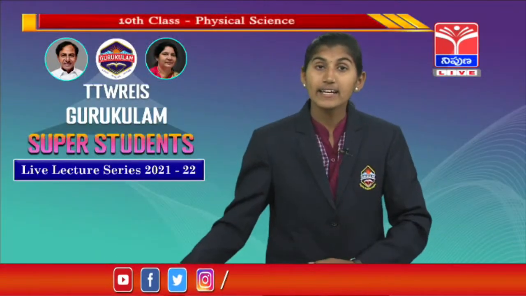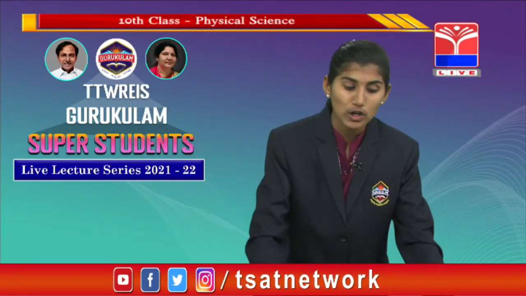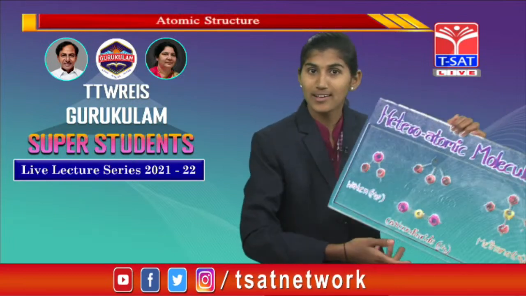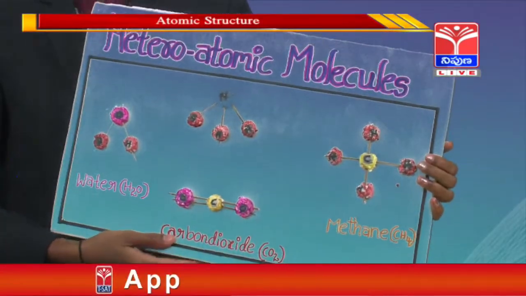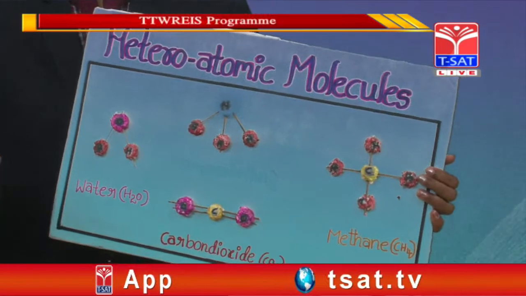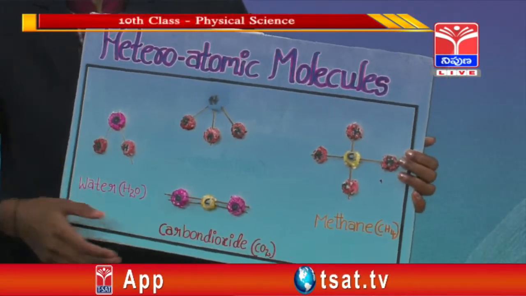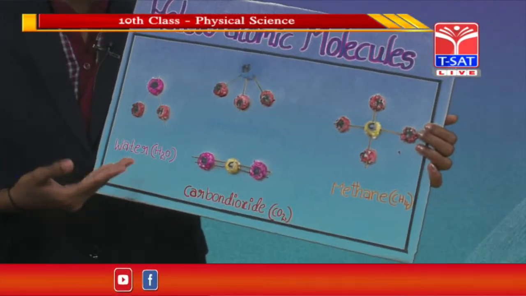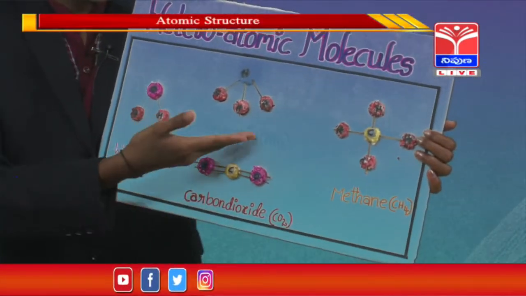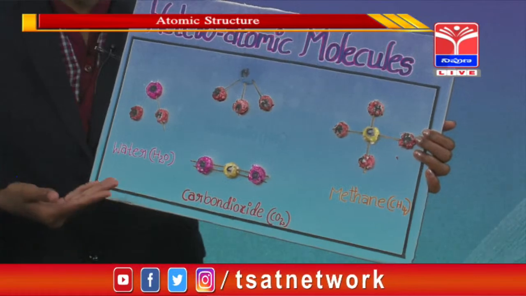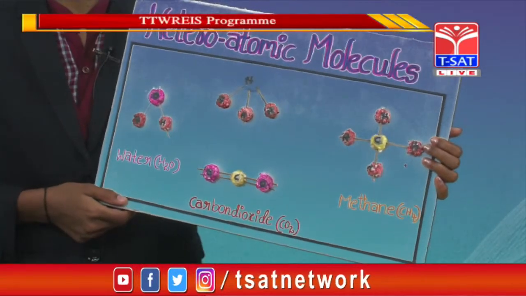And secondly, the next one, that is heteroatomic molecules. Heteroatomic molecules means these molecules contain different atoms, like water, carbon dioxide, ammonia, methane. Take water. It is the basic source of human life.